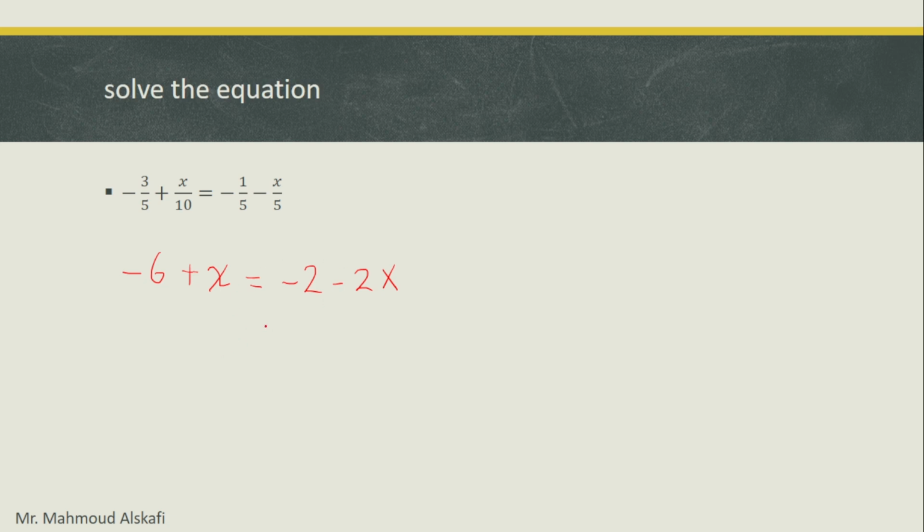Now it's easier than before. So plus 2x on this side, plus 2x on this side, plus 6, plus 6. So here in this case, 3x equals 4. So x equals 4/3.